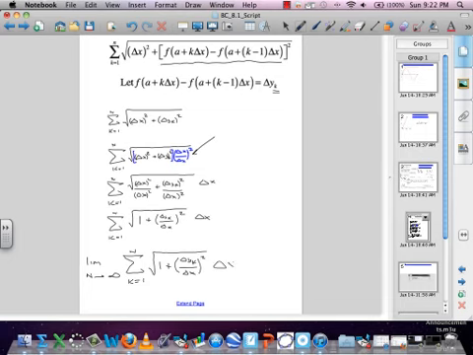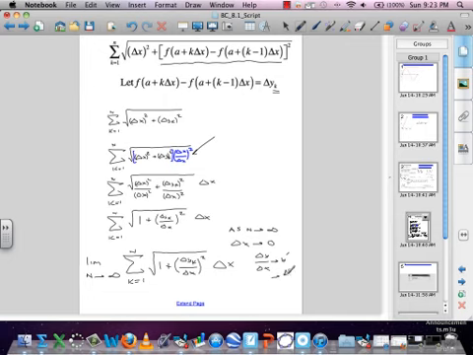Okay, now there's a couple of things to note here. As n approaches infinity, delta x gets tiny. Change in x gets very close to 0, and delta y over delta x approaches y prime, or dy dx, however you want to write it today.